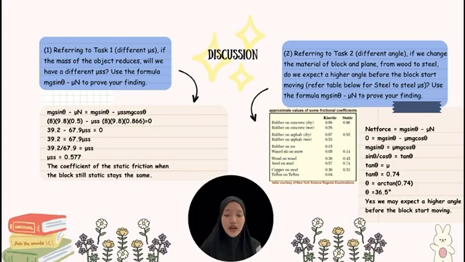Using the formula given, tan theta equals 0.74, which is the frictional coefficient of steel. Then we get the angle 36.5 degrees. So yes, we may expect a higher angle before the block starts moving if we change the material of the block and plane.